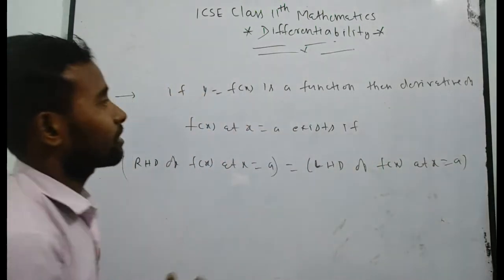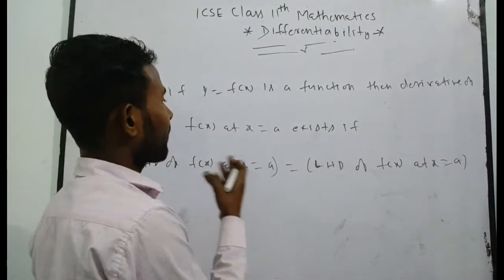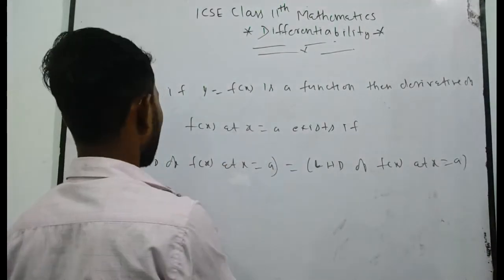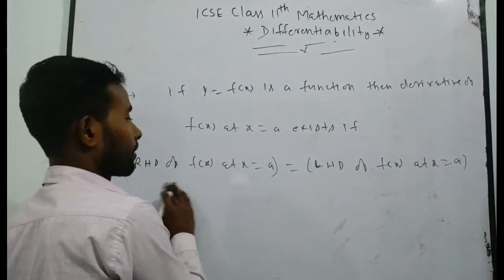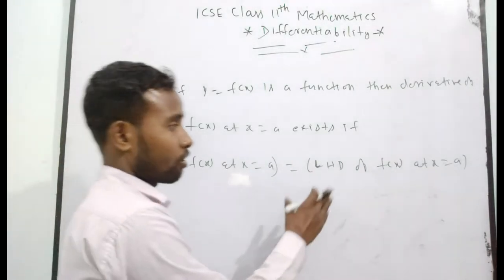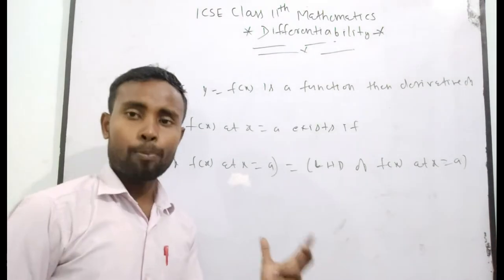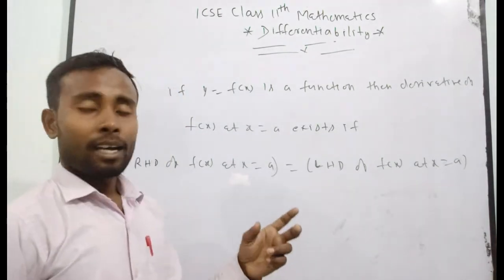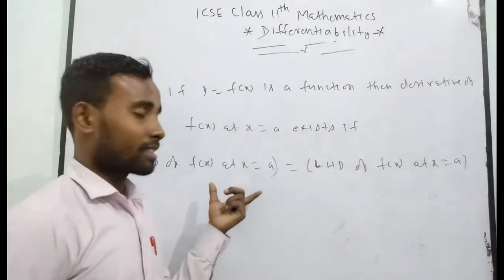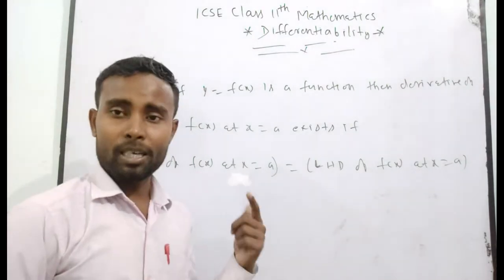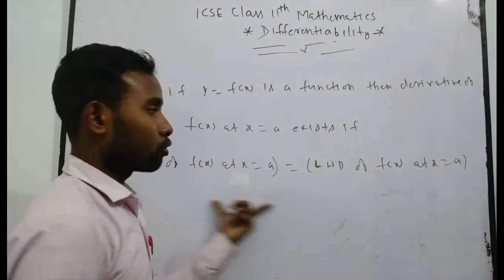If y equal to f(x) is a function, then the derivative of f(x) at x equal to a exists if RHD of f(x) at x equal to a is equal to LHD of f(x) at x equal to a. If in any problem they ask you to check the existence of a derivative of a function at x equal to a, then you have to utilize this.